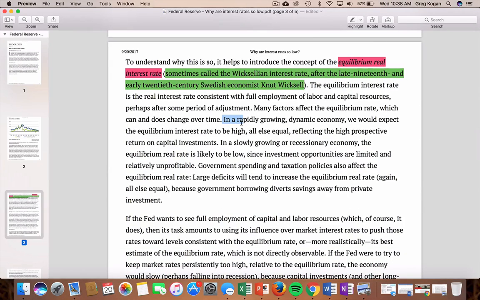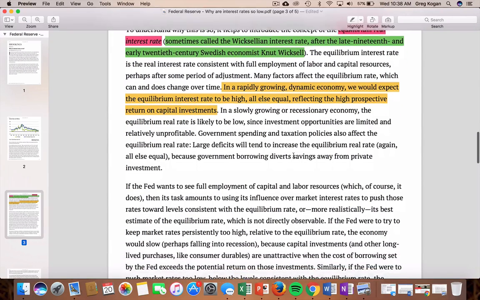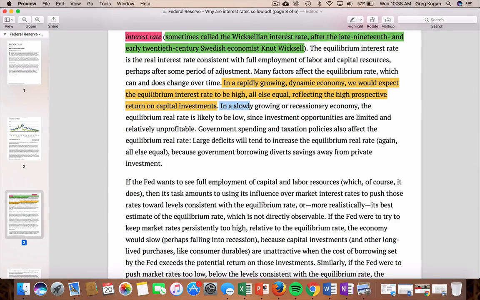And the idea is that in a rapidly growing economy, these rates would be high as there's high prospective returns on projects. There would be a high demand on capital, not enough capital. And because of that, rates would be high, right? But in a slowly growing or recessionary economy, the equilibrium real rate is likely to be low, since investment opportunities are limited and relatively unprofitable.